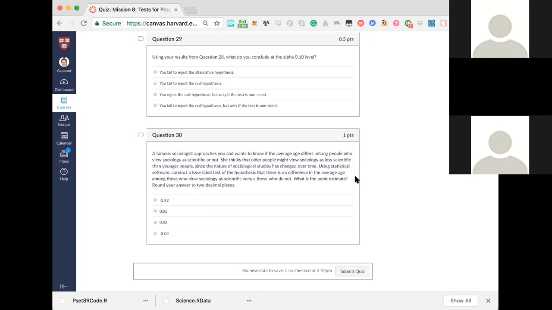So that's how you can structure your hypotheses for your hypothesis test, and then we can run that test within R. So just going back to our analysis in R.